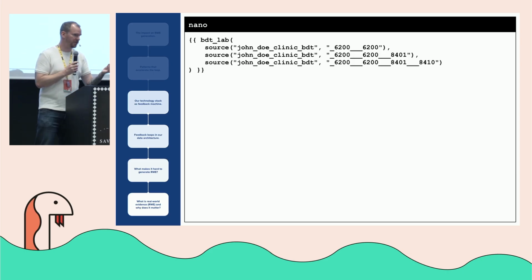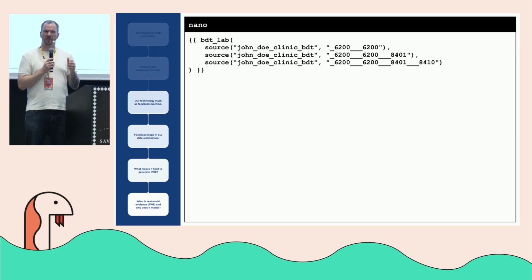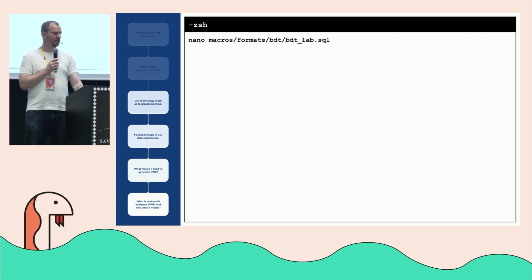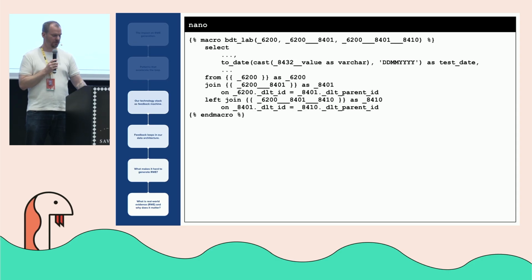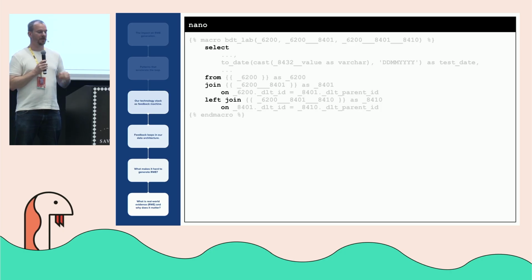And as soon as a hospital has a standard, for some variables we can reuse code to extract those variables. So the lab values are rather standardized in BDT. So we write a macro, which then contains the SQL code for the transformation. So it's all select from where.